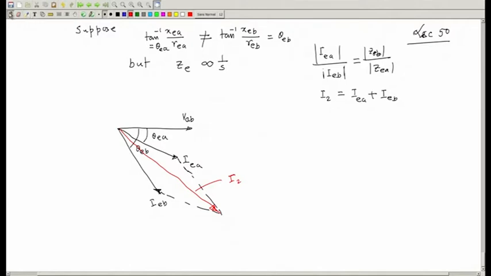Now, I redraw this circuit to avoid any confusion. This is my circuit.